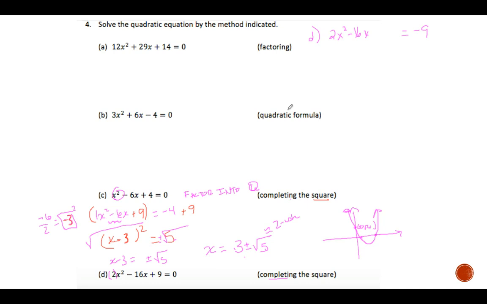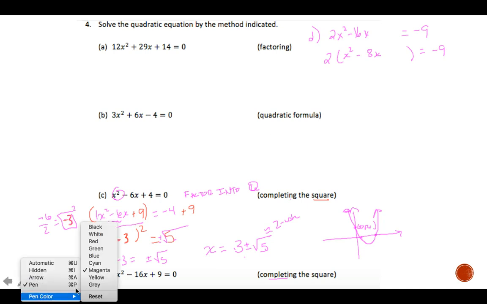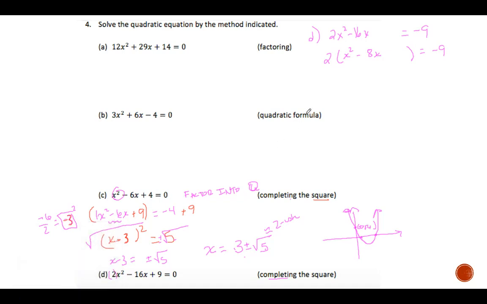Then I have to get a leading coefficient of 1. Then I divide the linear coefficient by 2.